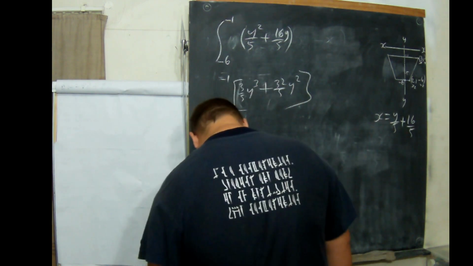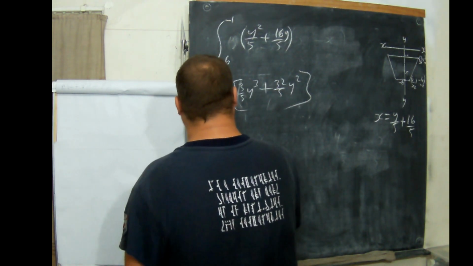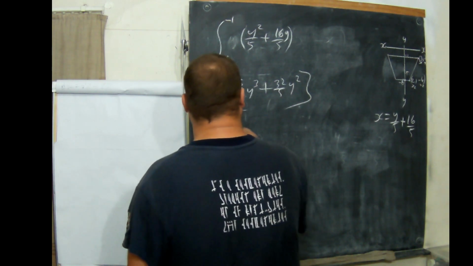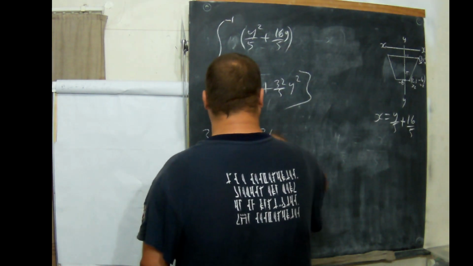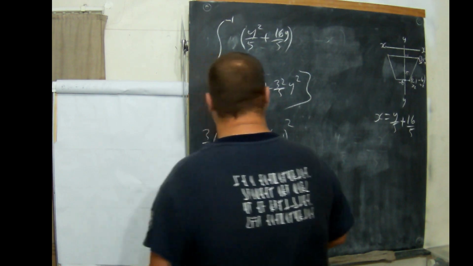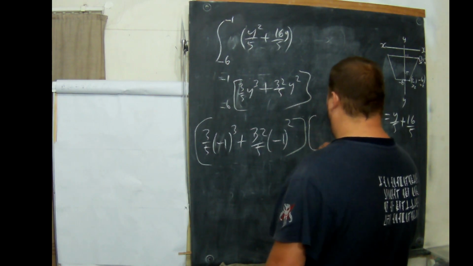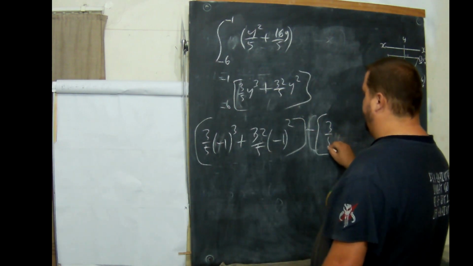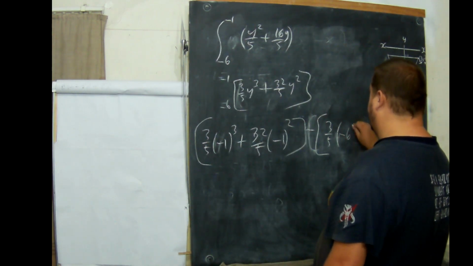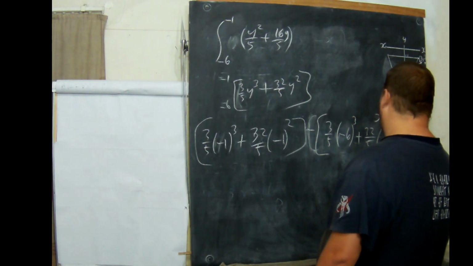So now we just add in minus 1 and minus 6, minus 6 cubed, 32 over 5 minus 6 squared.